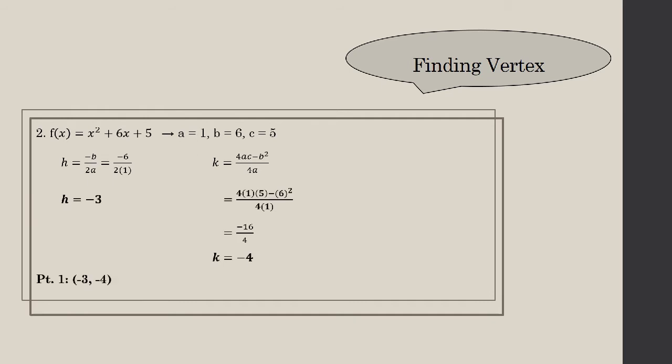Now in finding our k, we have the formula k is equal to 4ac minus b squared all over 4a. Substituting your value of a, b, and c, we have negative 4 as k. Therefore, the vertex of function x squared plus 6x plus 5 is equal to negative 3 and negative 4.